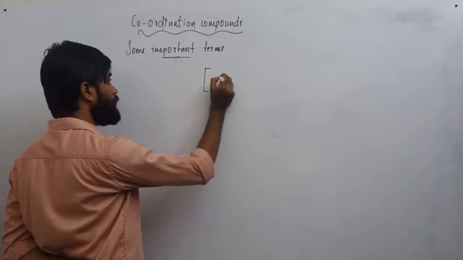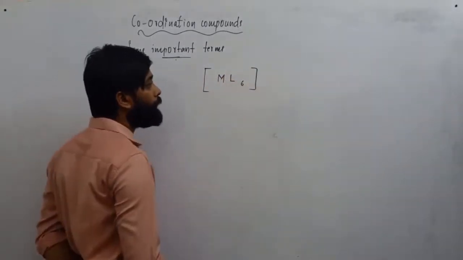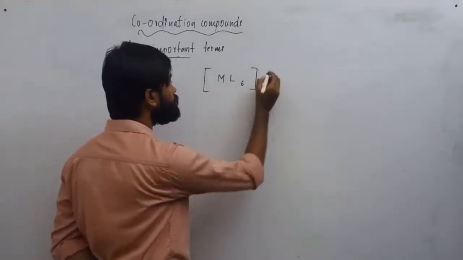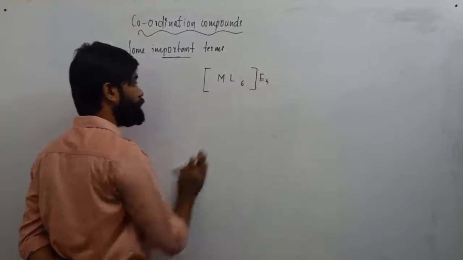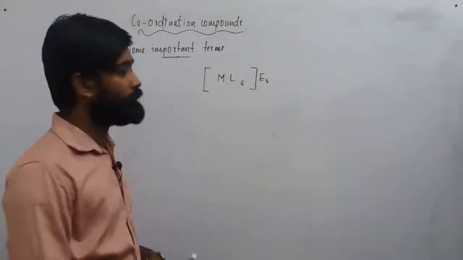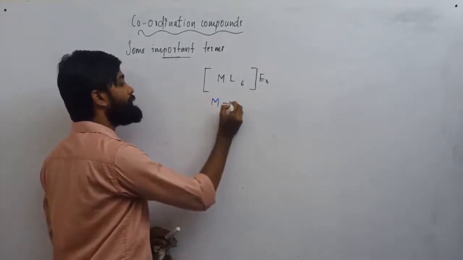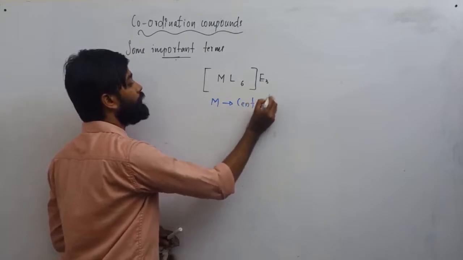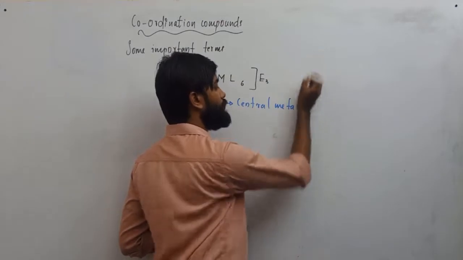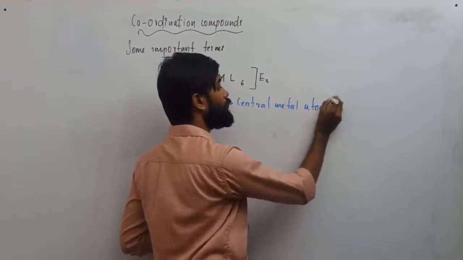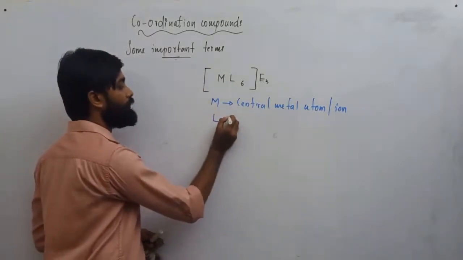For example, let the coordination compound be like this, [ML6]E3, where M is said to be the central metal atom, or it may be an ion, and L is known as ligands.